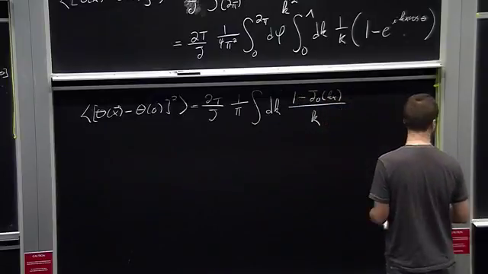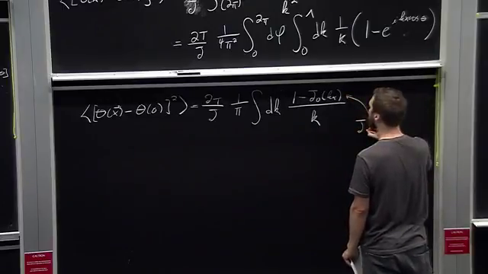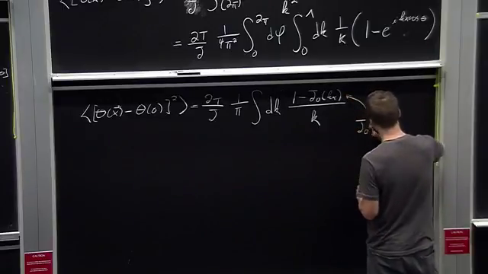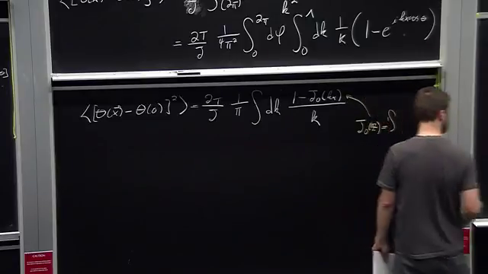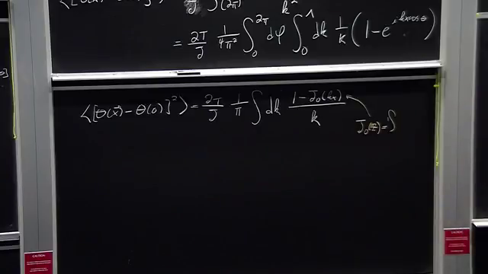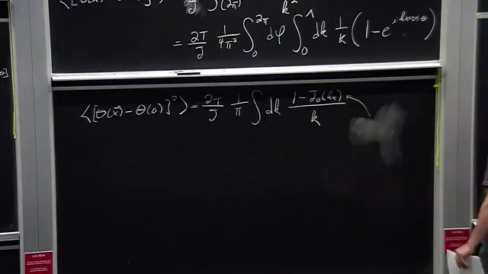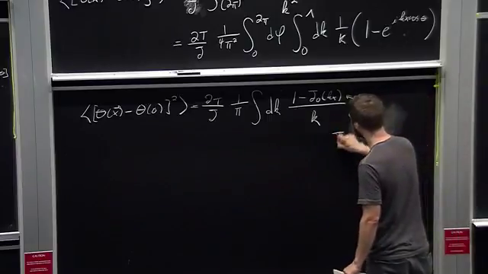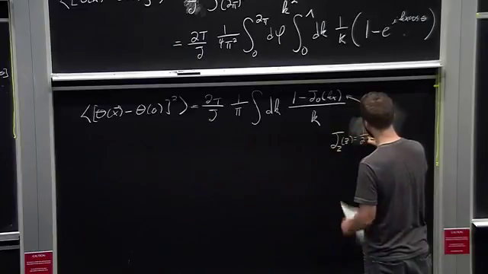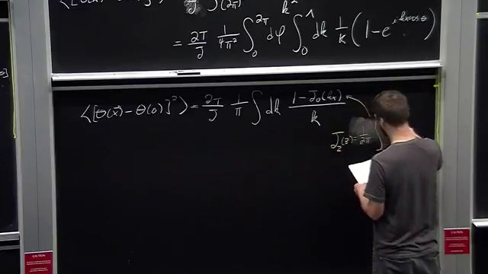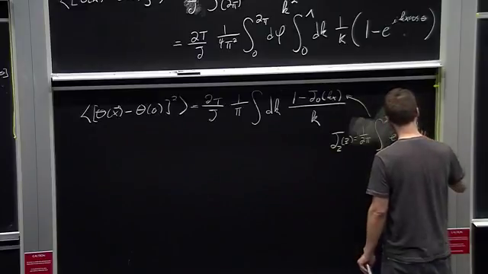For my Bessel function, J naught, the only point is I want to use that Bessel function's behavior at z equals 0. So 1 over 2 pi, integral from 0 to 2 pi, e to the i z cos phi d phi.